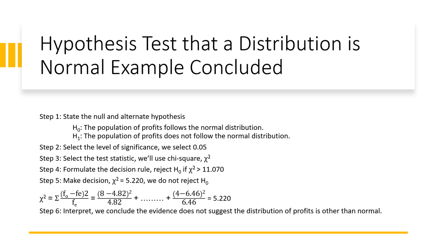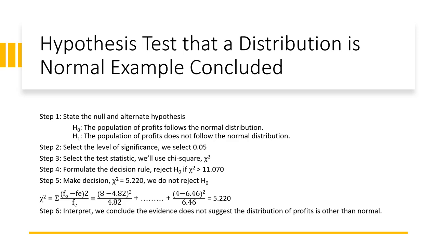So now we have our hypothesis test. When we estimate population parameters with sample data, we lose 1 degree of freedom for every estimate. So the number of degrees of freedom is k minus 2 minus 1, which gives us 8 minus 2 minus 1 equals 5, since we use the sample mean and the sample standard deviation.